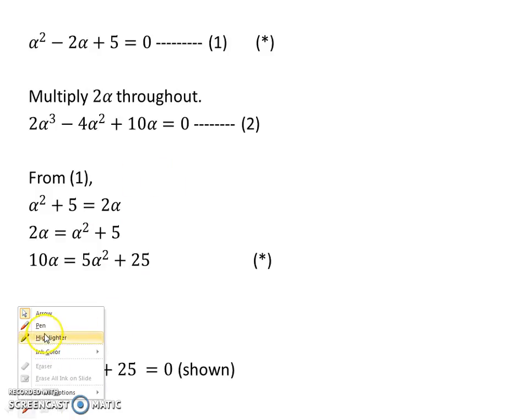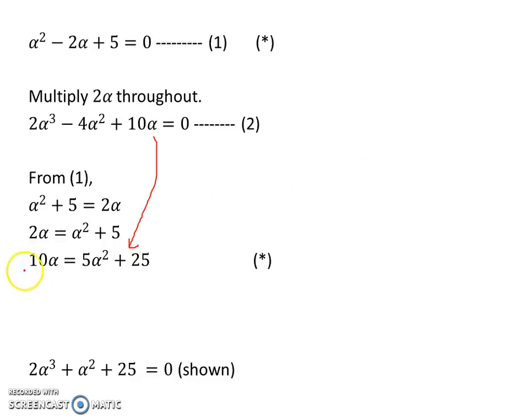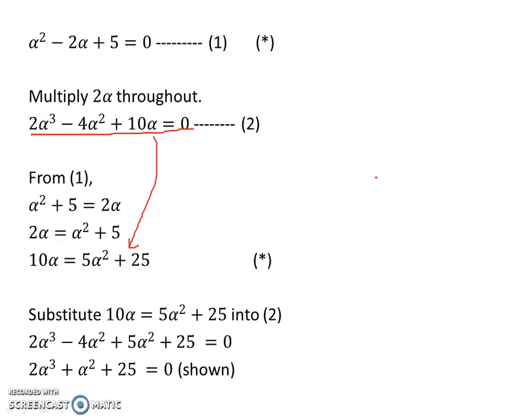So I substitute 10 alpha equals 5 alpha squared plus 25 into the relationship I found so far, and I get 2 alpha cubed minus 4 alpha squared plus 5 alpha squared plus 25 equals 0. By simplifying it, I get what I want.